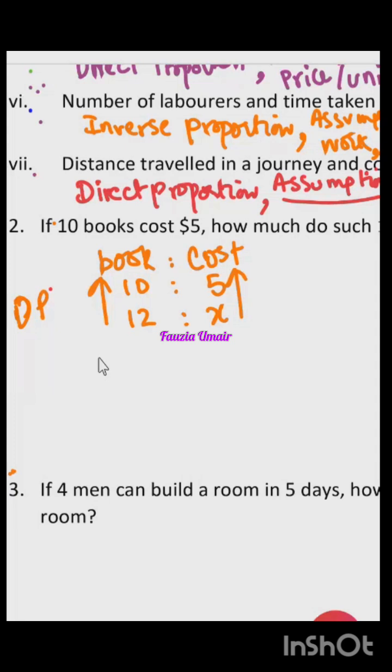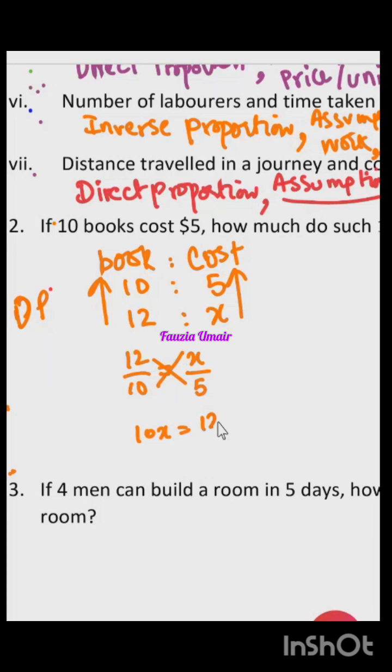Can anyone else tell me what would be the equation following the direction of the arrows? Ji Zoya. Ma'am, it will be 12 divided by 10 is equal to x divided by 5. Excellent. Now you can do cross multiplication. So it will be 10x is equal to 12 multiplied by 5.